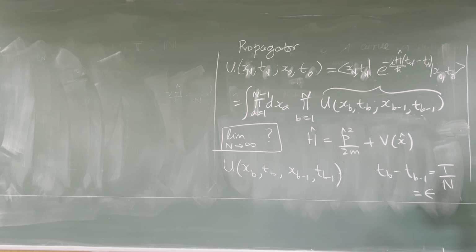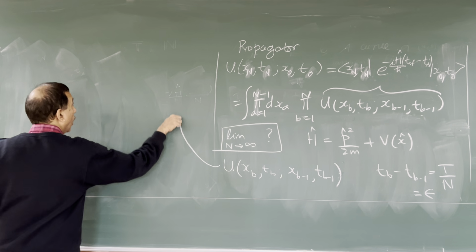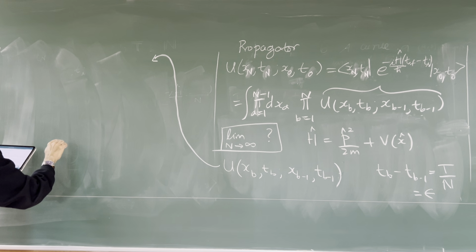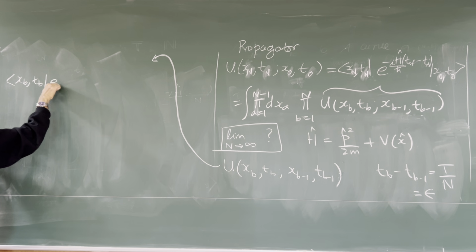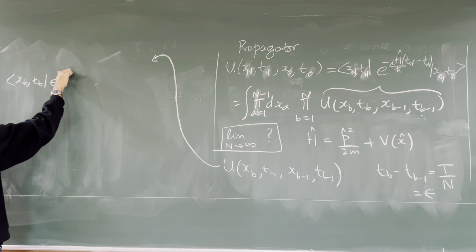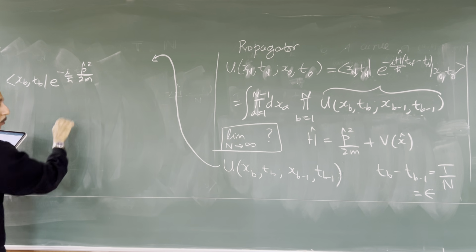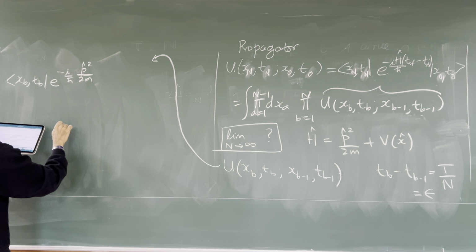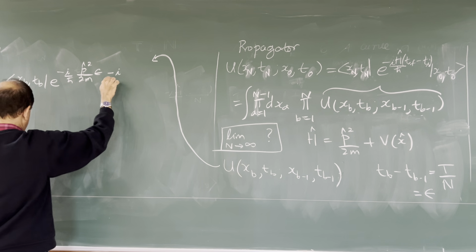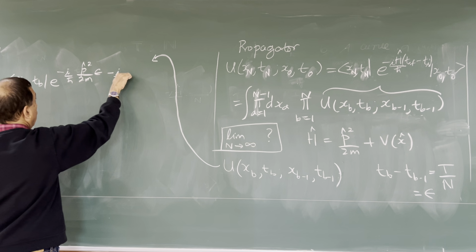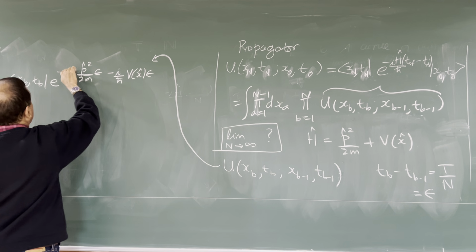Okay. So now let's write our u. So this quantity is equal to xb tb e to the minus i by h bar p hat squared by 2m times epsilon minus i by h bar v of x times epsilon.